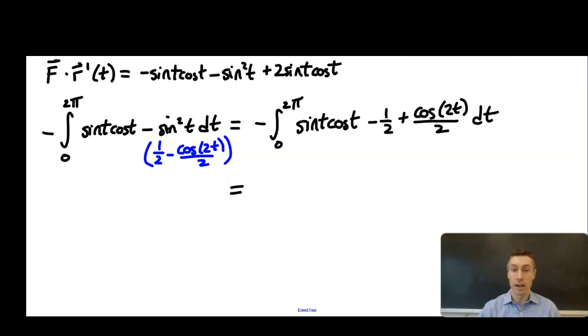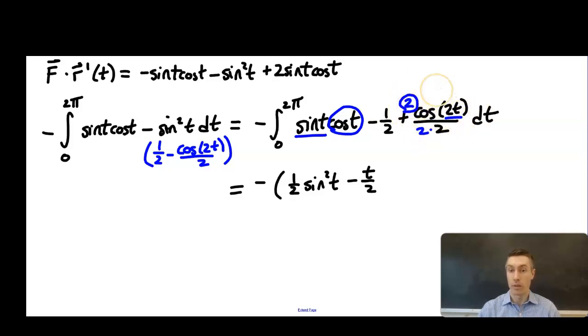So now we integrate. For the first term, underline sine of t as our u, du would be cosine of t. So we have the negation of 1/2 sine squared t, then minus t over 2, and then integrating here, underline 2t, the derivative would be 2.